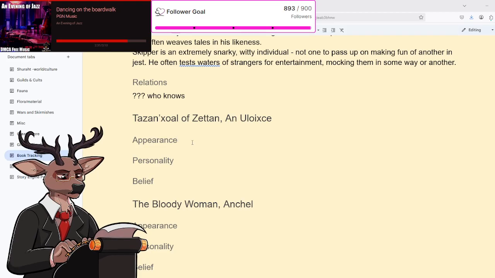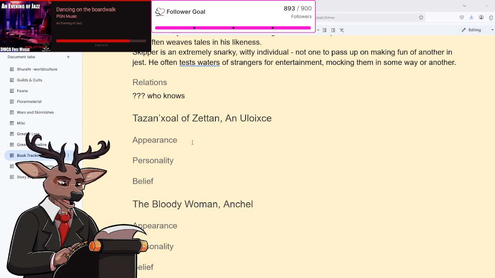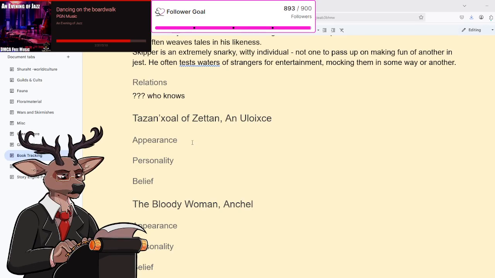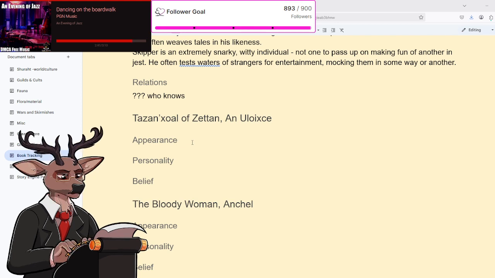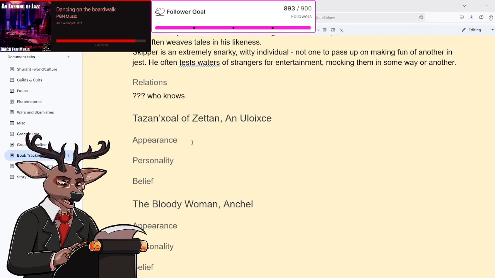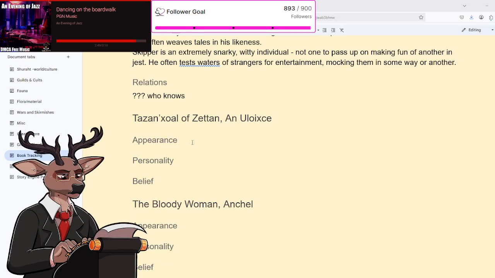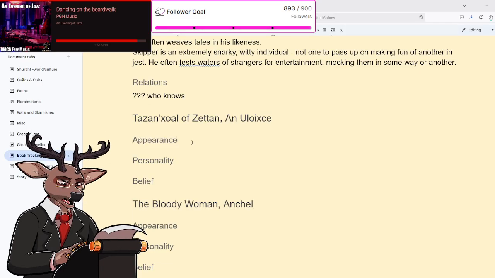Oh my god, tall. Tazen is tall, damn. I wrote down 6'5". Notes, newly sentient. Same, buddy. Tazen's a very fun character for me because Tazen is going to be very much a grey area.